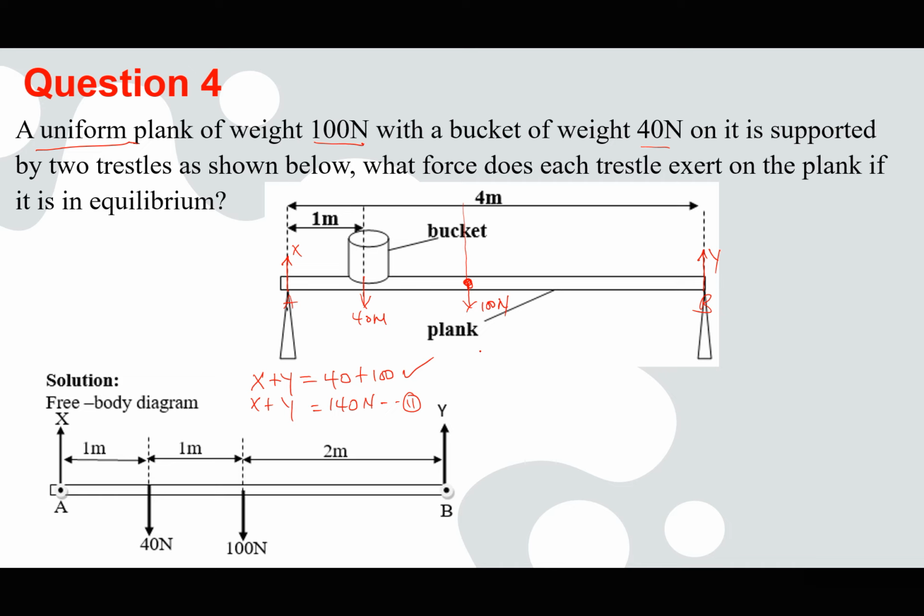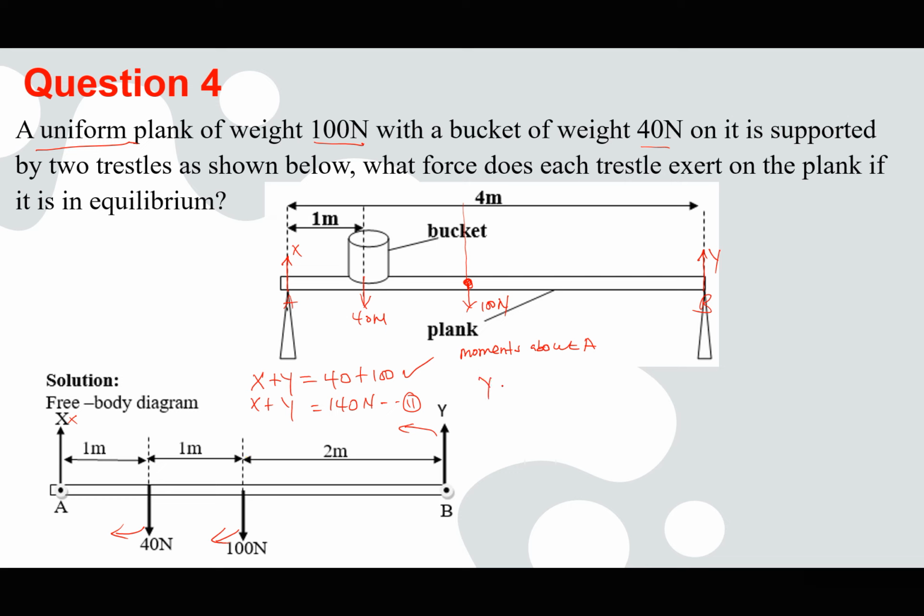Then I'm going to take moments about A. So the 40 newtons is going to cause clockwise moments, 100 newtons causes clockwise moments. X will have no moment, Y will cause anticlockwise. So the perpendicular distance for Y is 2 plus 1 plus 1, which is 4.